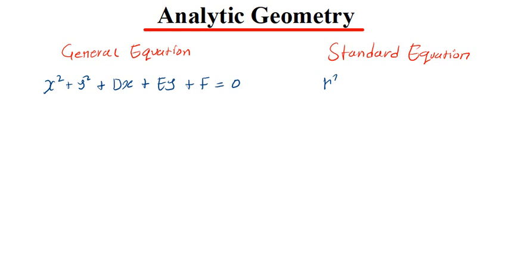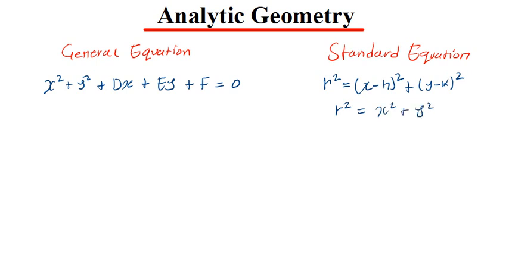It's r squared is equal to x minus h squared plus y minus k squared. You might also see it written as r squared is equal to x squared plus y squared.